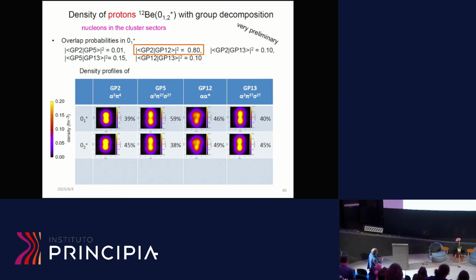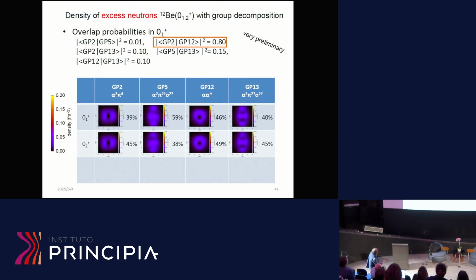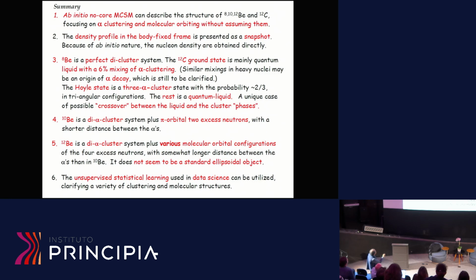But also, you can have 4 neutrons in the pi orbital, and that is about 40%. And this looks like alpha and broken alpha, but this one and that one have some overlap like this, so we have to investigate the relation between them and so on. And yeah, this is the excess neutron, where the previous one is, oh, sorry.